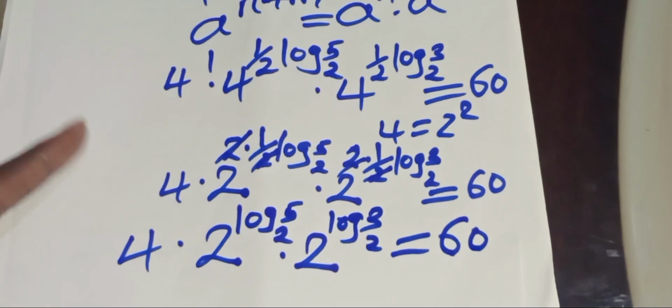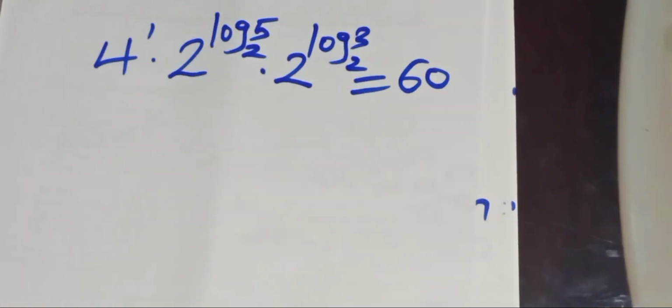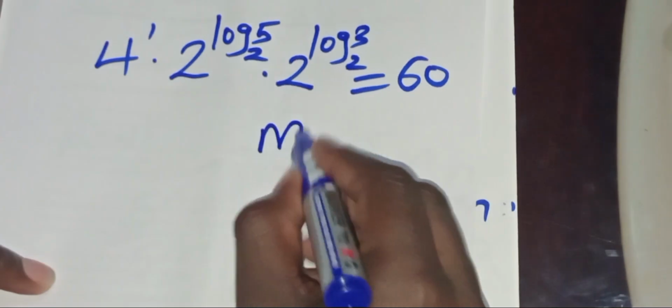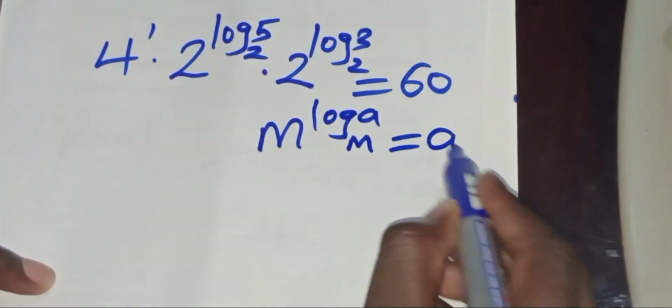So let's proceed as follows. As you can see, 2 raised to power log 5 to base 2 and 2 to power log 3 to base 2 are actually in the form of m to power log a to base m, which is essentially equal to a.